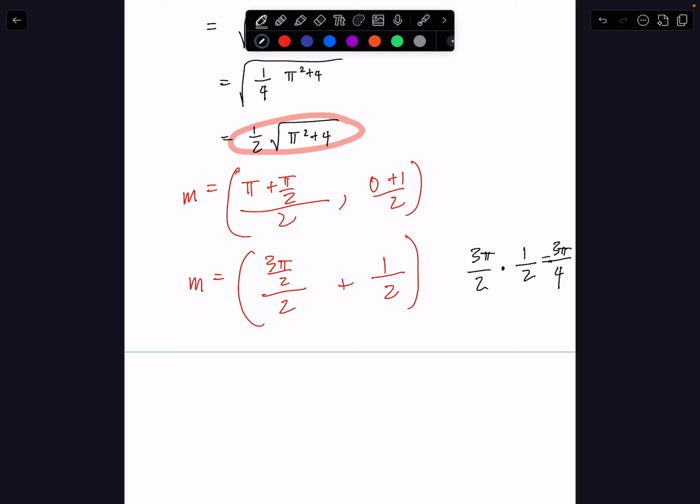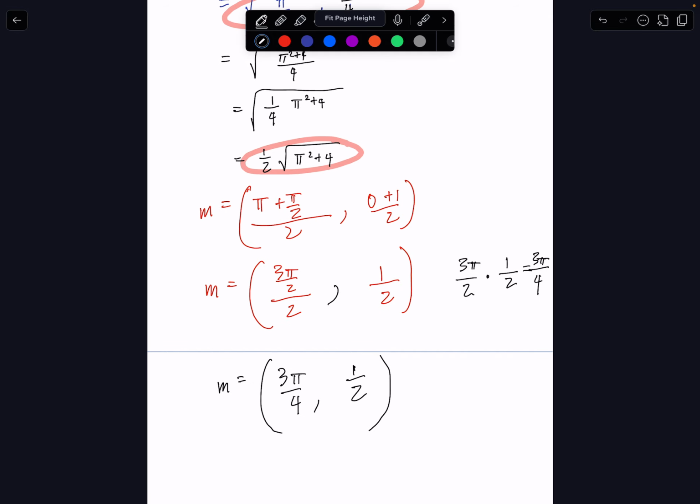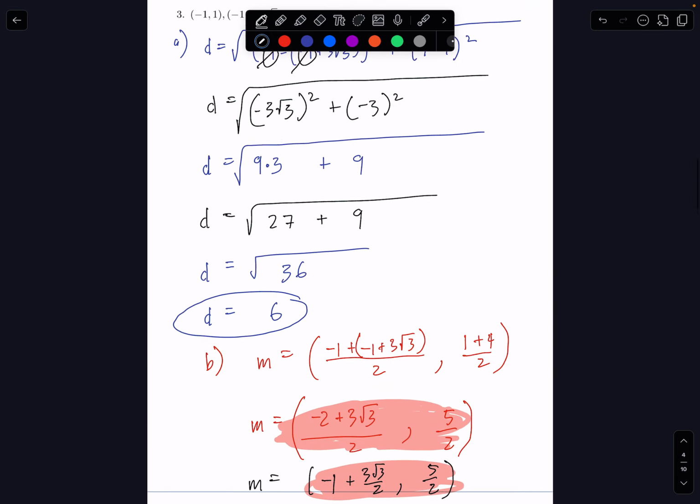That's what I was trying to say. It's the same thing as doubling the denominator in this instance. So you have 3 pi over 4 as the result, and 1/2. Oh, I'm sorry, guys. I wrote a plus again. That was supposed to be a comma. So 3 pi over 4, comma, 1/2. And that's the midpoint.